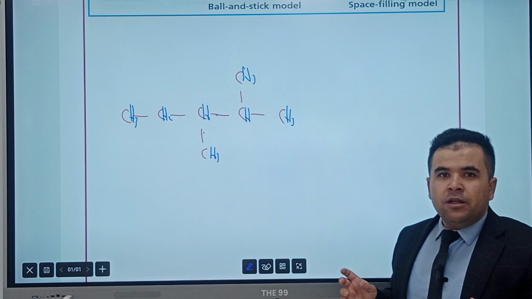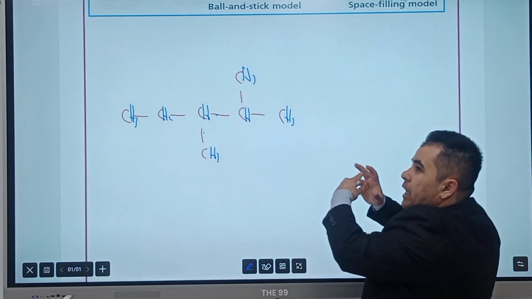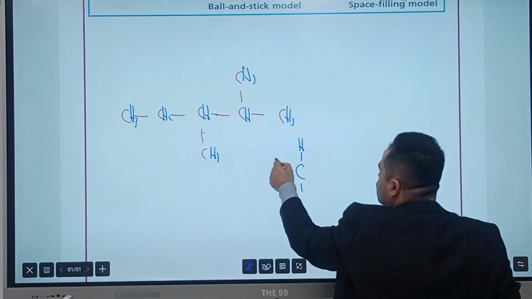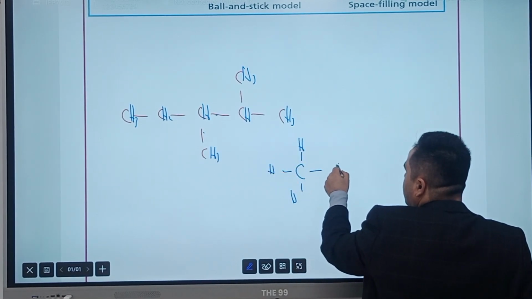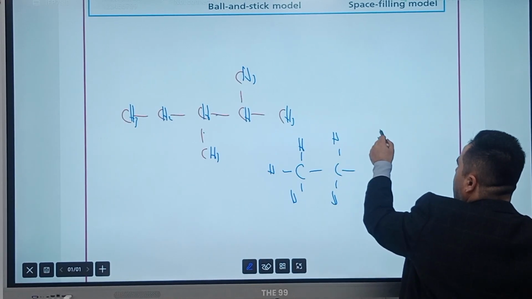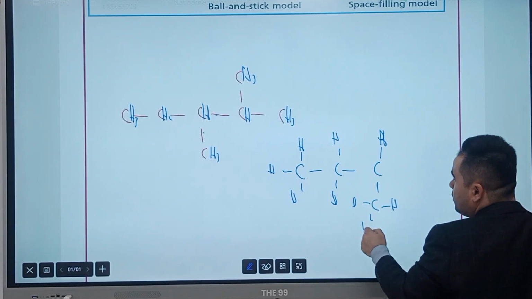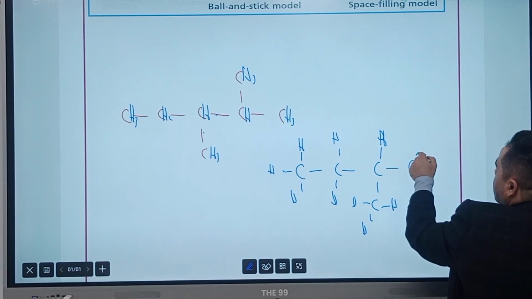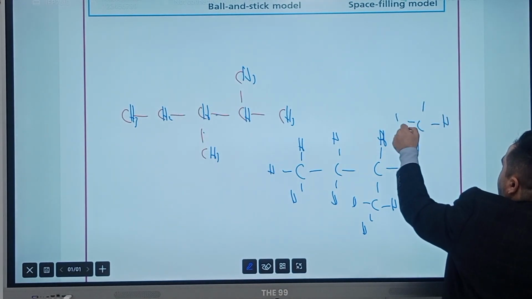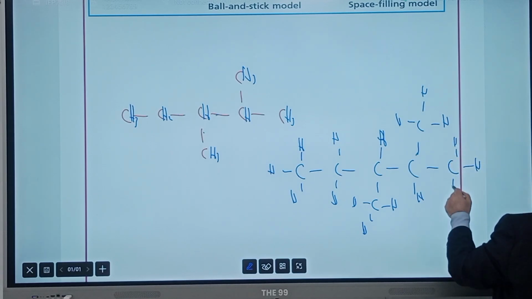This is the condensed structural formula, and if we expand it, it becomes: carbon with 3 hydrogens, the other carbon with 2 hydrogens, this carbon with 1 hydrogen, and then another carbon with 3 hydrogens, and then carbon with 1 hydrogen, with a carbon with 3 hydrogens, and then carbon with 3 hydrogens.